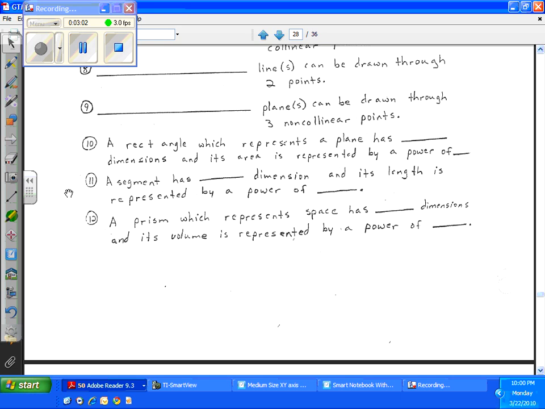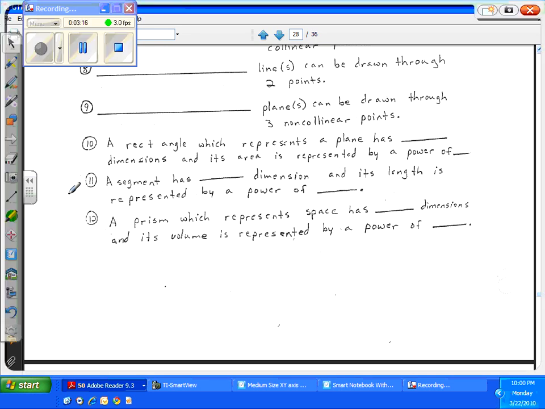Now, I want to answer number 10, 11, and 12 because I want us to get the concept of dimension and stuff down, because this again connects to some things we're going to learn later about scaling up and scaling down. So a rectangle, which represents a plane, has 2 dimensions. It has length and width, right?